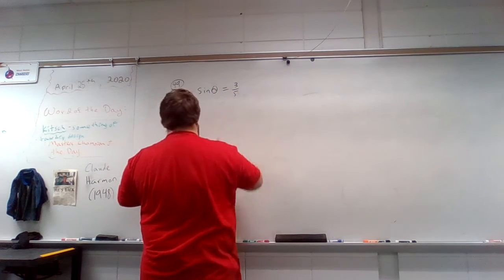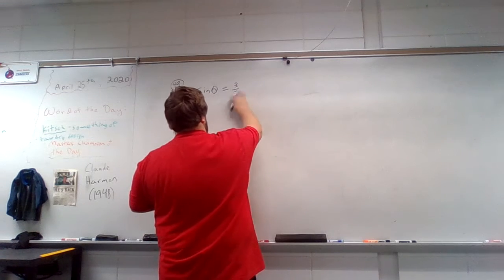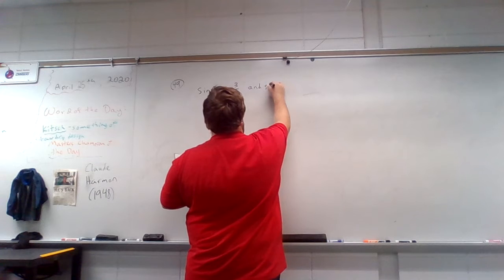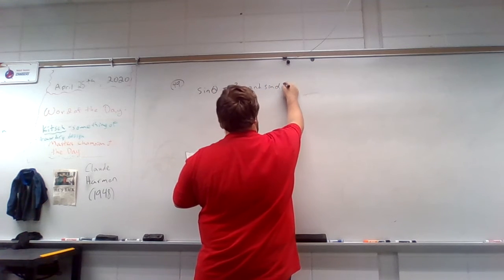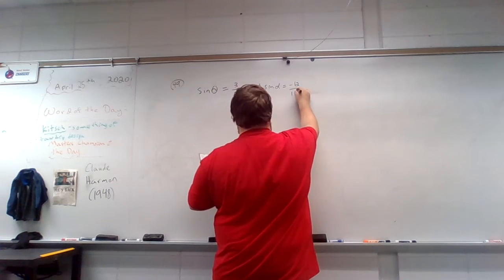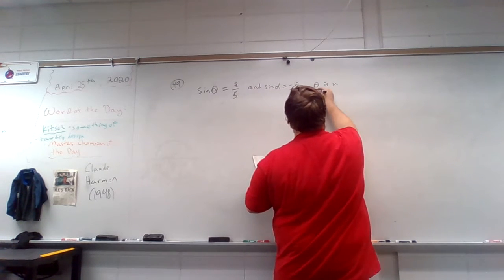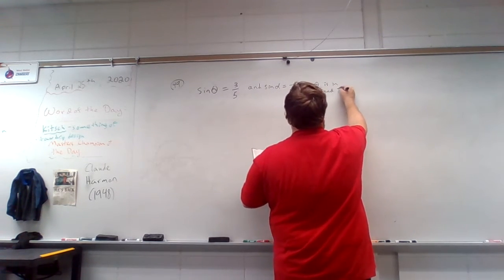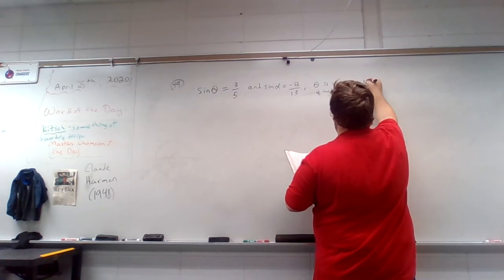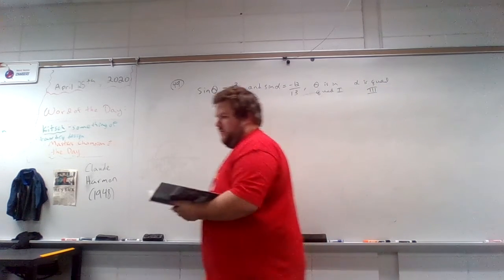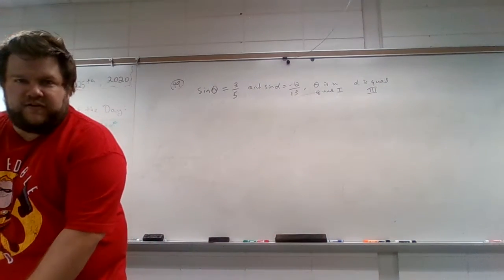So I'm going to say that the sine of theta is 3/5 and the sine of alpha is negative 12/13. And we're told that theta is in quad 1, and that alpha is in quad 3. So two different angles, two different quadrants.